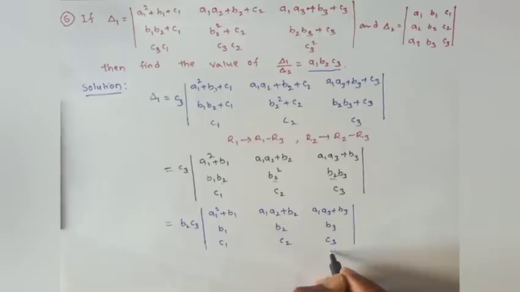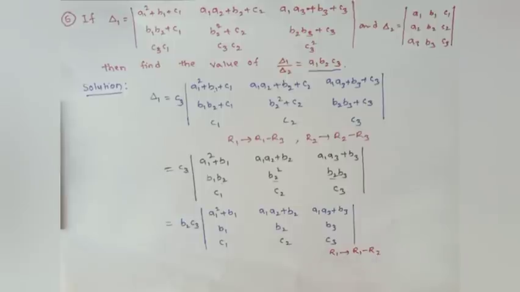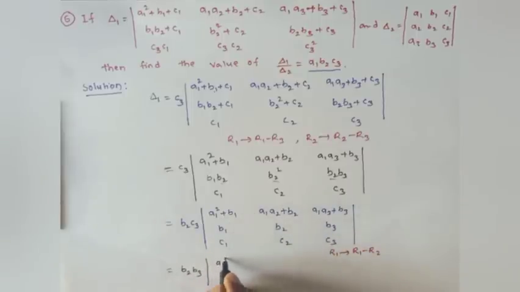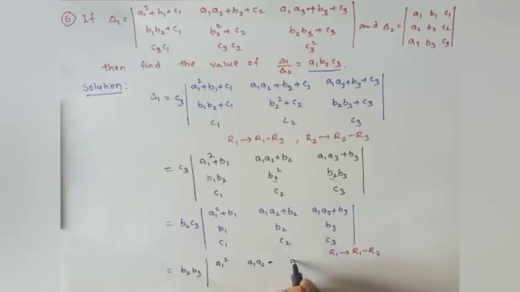So simply here you can apply the row operation R1 changes to R1 minus R2, so that we can remove this element B1 B2 B3 from this, so that it is B2 into B3 times of A1 square plus B1 minus B1 means A1 square, here it is A1 A2 plus B2 minus B2, so it gets cancelled, then this is A1 A3 and this is B1 B2 B3 C1 C2 C3.